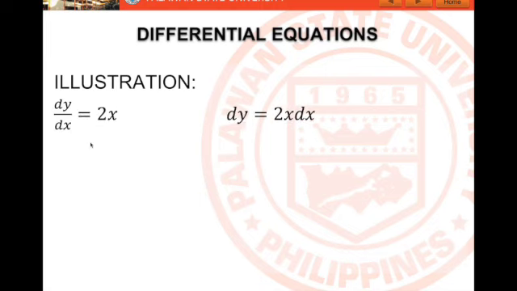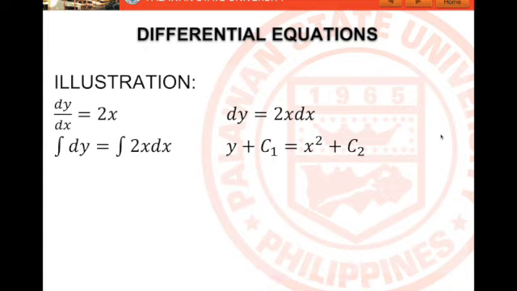So let's take the first example, dy dx is equal to 2x. Then transpose dx to the right side. We have the differential equation dy equals 2x dx. To get the antiderivatives, we have the integral of dy is equal to the integral of 2x dx.